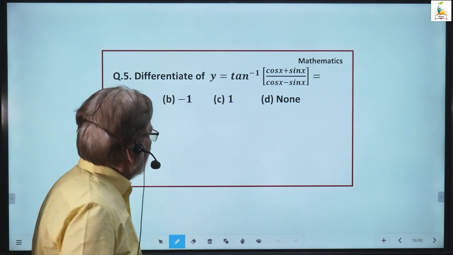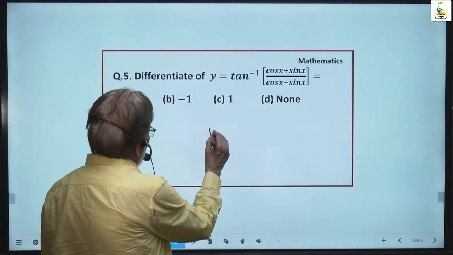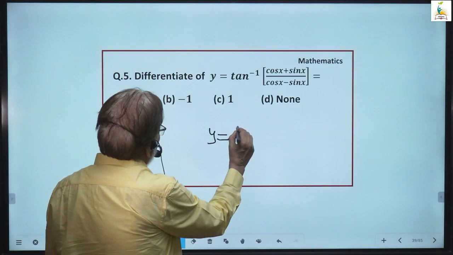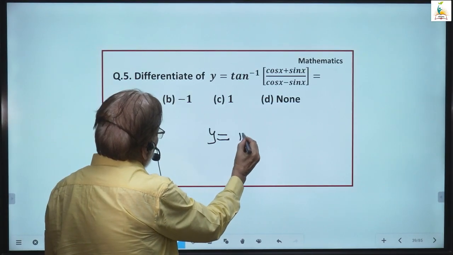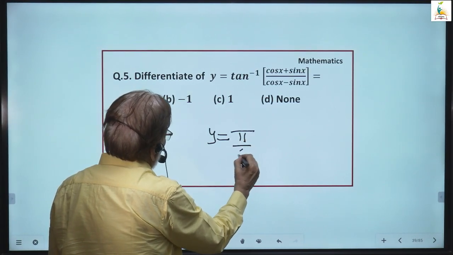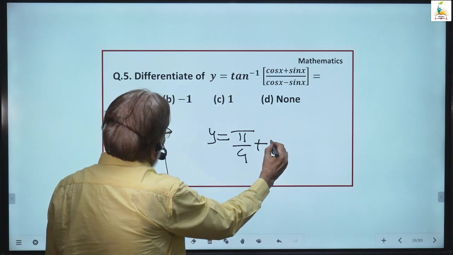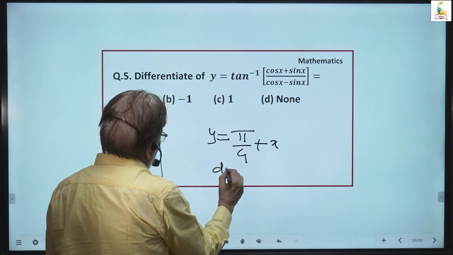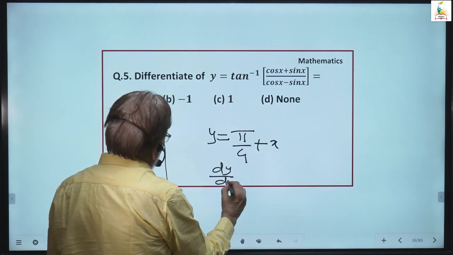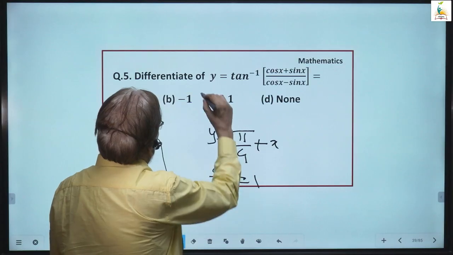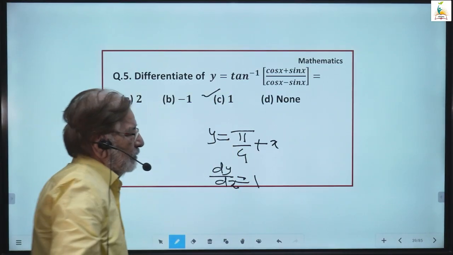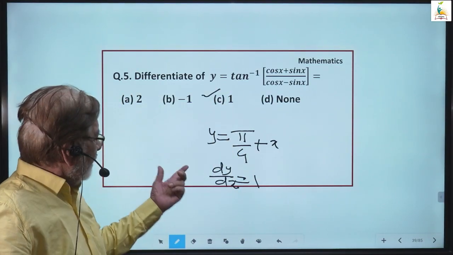So this will be tan inverse tan pi by 4 plus x, meaning pi by 4 plus x. So the differentiation of this, dy upon dx, will be equal to 1. So this will be the answer. Dy upon dx will be equal to 1.